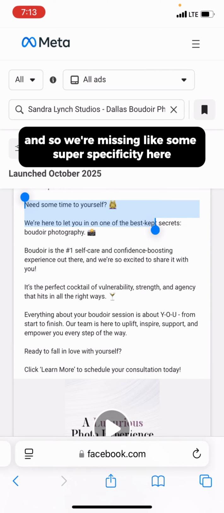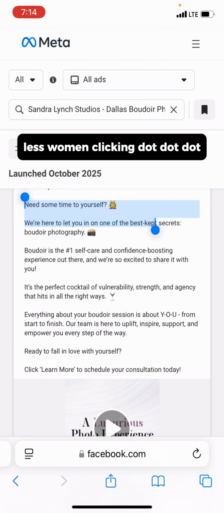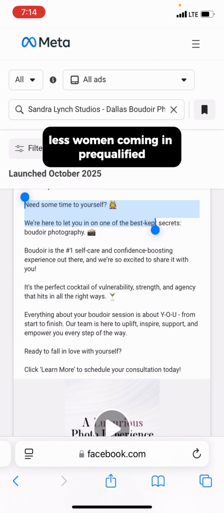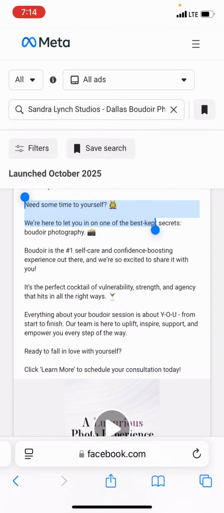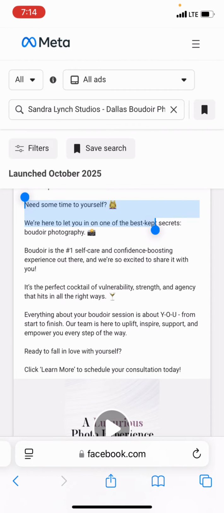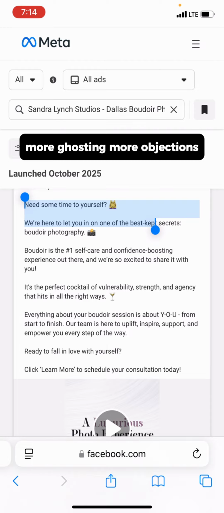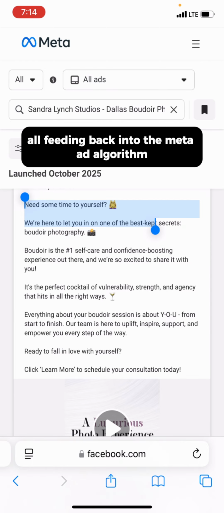And so we're missing some super specificity here, which means we're going to have more women scrolling by, fewer women clicking See More to read our ad copy, fewer women coming in pre-qualified, fewer qualified leads, fewer qualified call bookings, fewer qualified call shows, more tire kickers, more price hunters, more ghosting, more objections, fewer sales, fewer conversions, less revenue, all feeding back into the Meta ad algorithm.